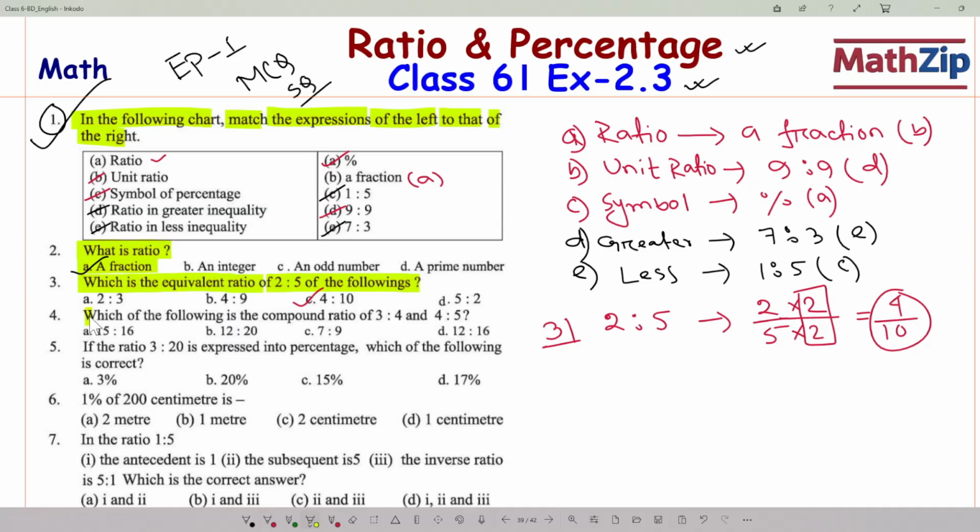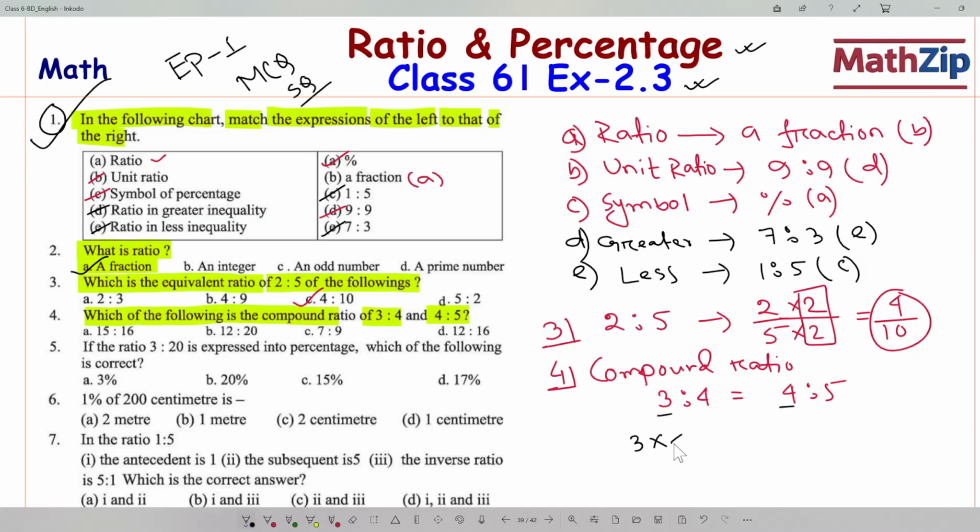Number 4, which of the following is the compound ratio of 3:4 and 4:5? First of all, we have to understand what a compound ratio is. Look, here is 3:4 and 4:5. So here are two parts. One is the antecedents, which are 3 and 4.